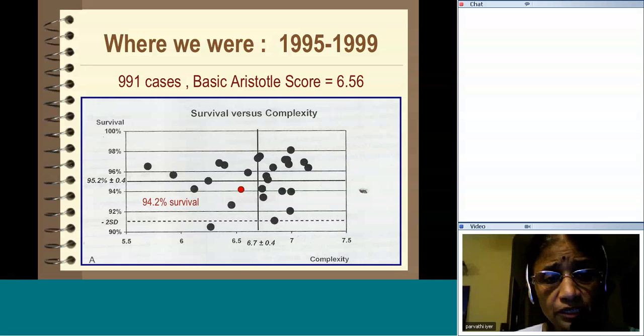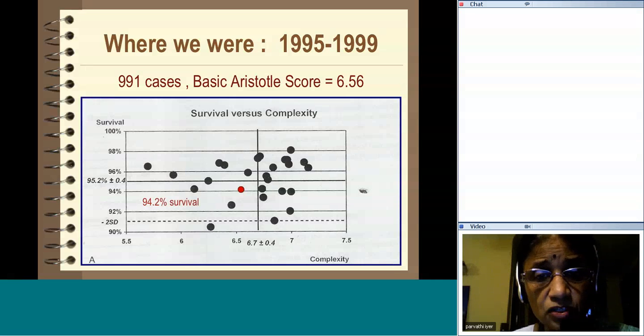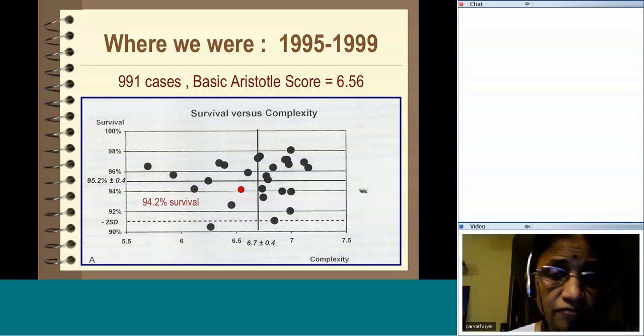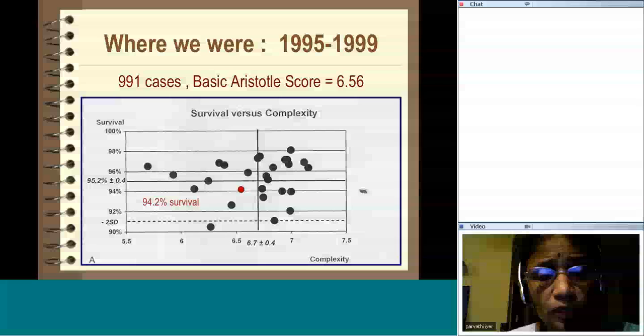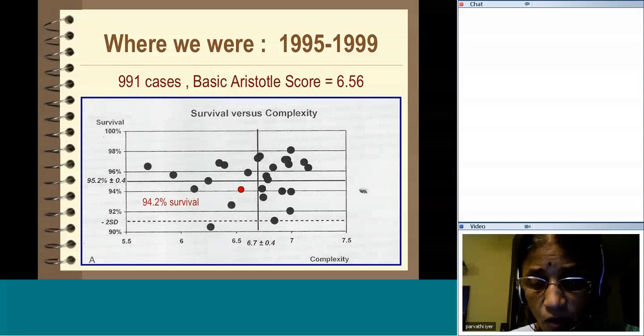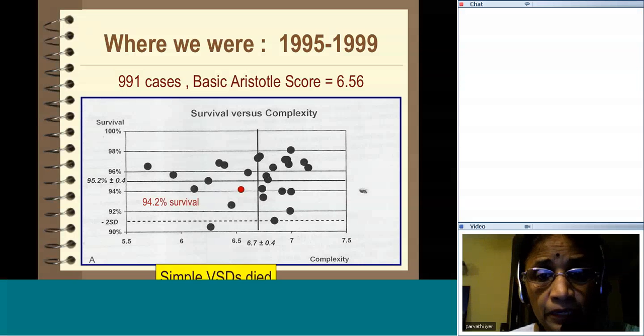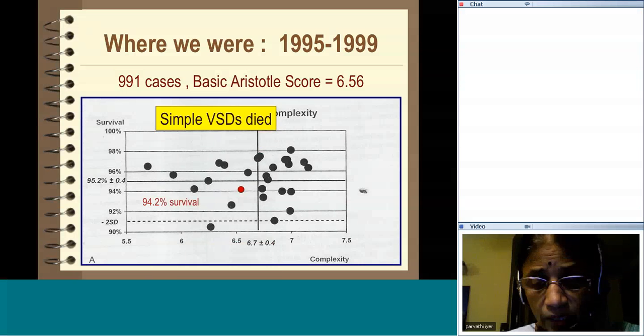And what you can see is that the Aristotle score was about 6.5, which meant that we did relatively simple cases with in-hospital survival of only about 94%, which means that 6% roughly died. And that was an era where even simple ventricular septal defects died.